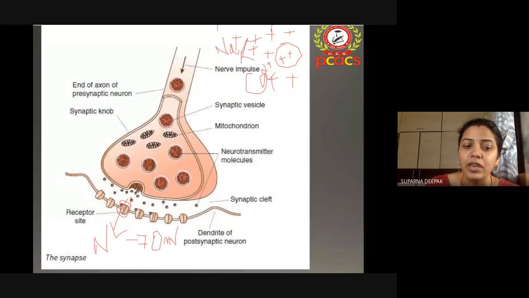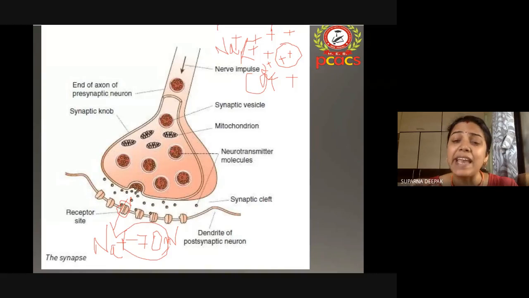The first ion which usually comes inside is sodium plus, and the potassium ions also come inside. So what happens if they come inside? This is called minus, being minus is polarized. So your membrane is polarized in nature. It has some charge, right?